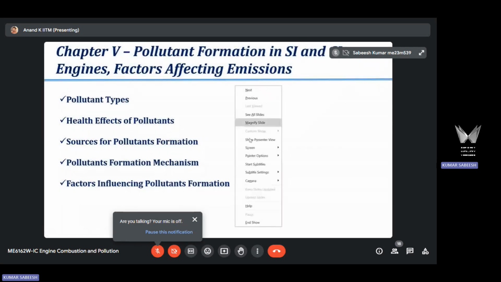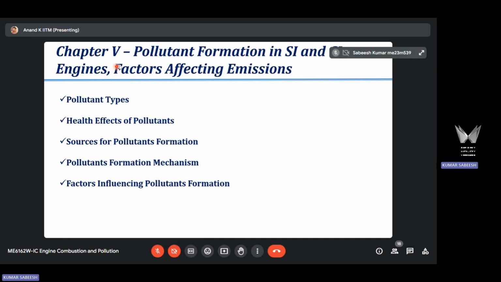This is the first chapter of the emission module, and also the fifth chapter in the continuous sequence. Here we are going to discuss pollutant formation in SI and CI engine and factors affecting emission. We will look at the types of pollutants emitted from the IC engine. As a result of combustion, this is where the objection to the engine is coming in, and the move to electric vehicles more recently.